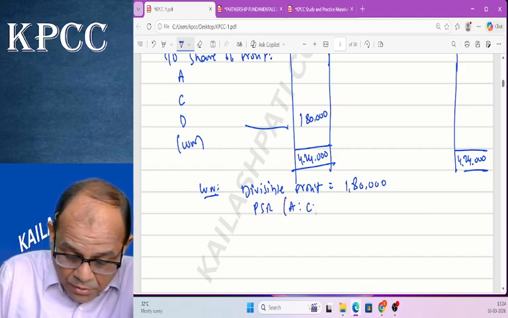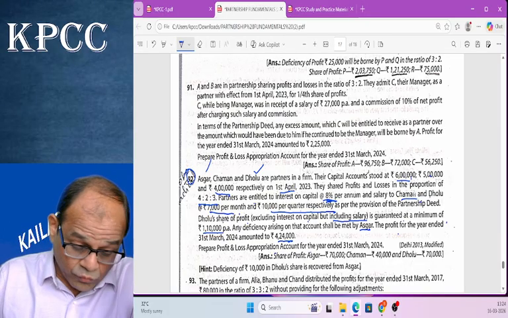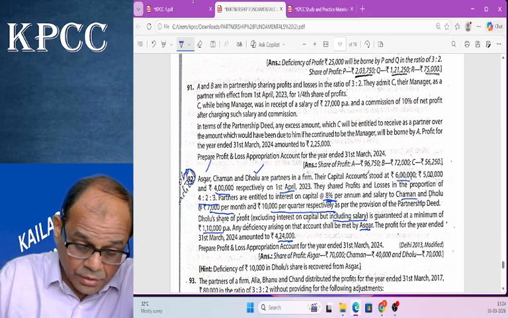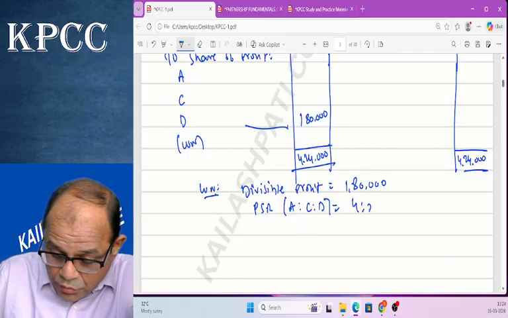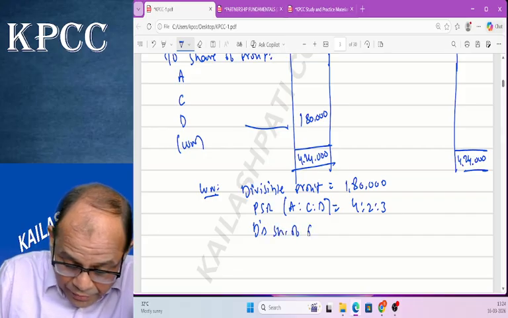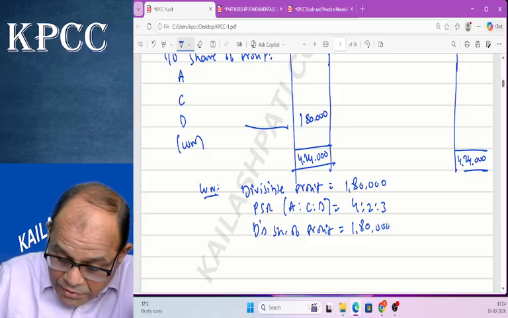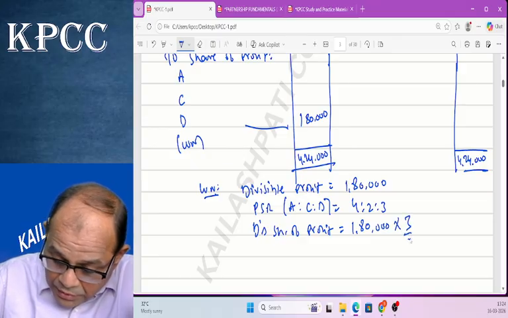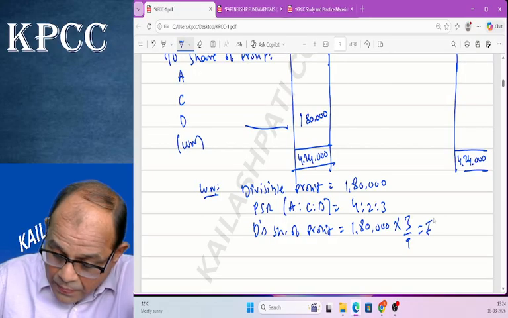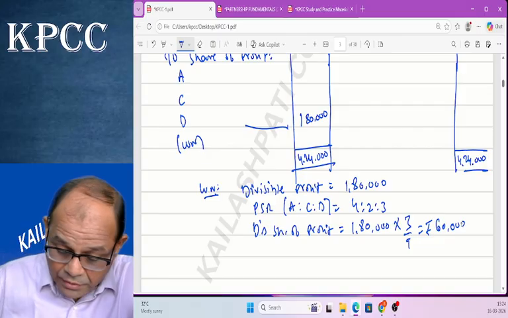Profit sharing ratio: Asgar, Chaman, Dolu, 4:2:3. Dolu's share of profit: 1,80,000 into 3/9, 60,000.